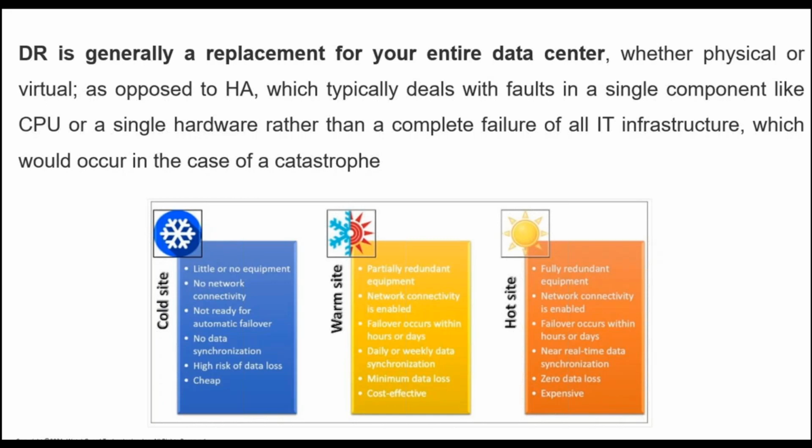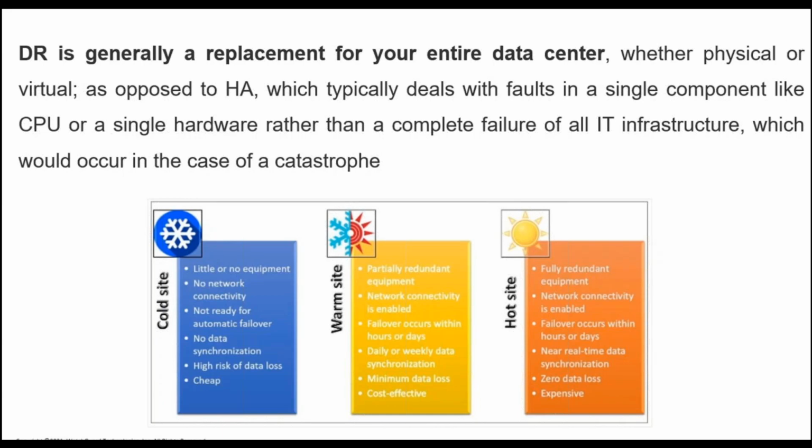This kind of replacement can be physical or virtual, depending on the applications that you have. As opposed to high availability, which typically deals with faults in a single component, such as a CPU or a single piece of hardware like the firewall, rather than the complete failure of all IT infrastructure because of a catastrophe or a disaster.